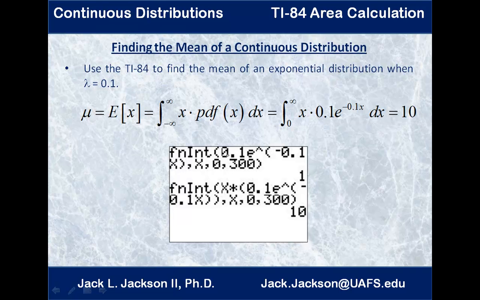Then I go right back to the front of where I typed in the PDF, right after the first parentheses, and just insert x times. Then hit enter, and it may take a few seconds to figure out, but it does turn out to be 10. So 10 is the expected value, or the mean, of this distribution.